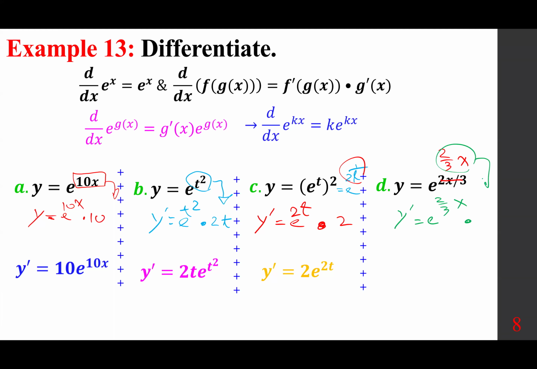Then I need the derivative of 2/3 x, which is simply 2/3. I put it in front, and the final answer becomes y prime equals 2/3 e to the power of 2x over 3. So that's pretty straightforward.